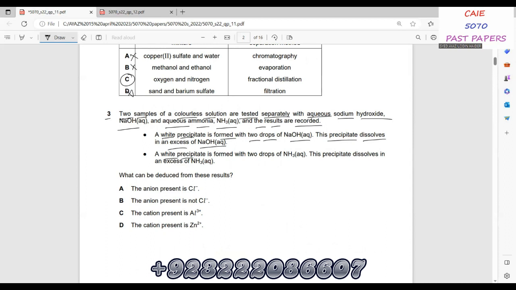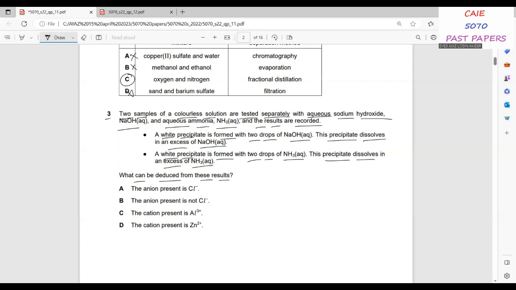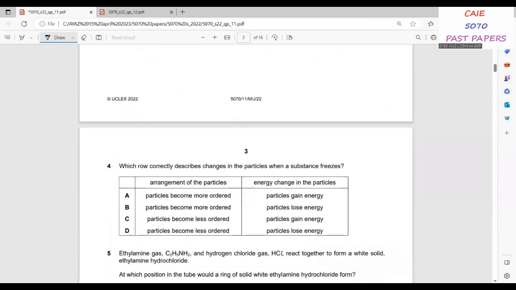A white precipitate is formed with 2 drops of NH3 aqueous. This precipitate dissolves in excess of NH3 aqueous. What can be deduced from these results? We know that only the Zn2+ ion is soluble in both NaOH and aqueous ammonia. So D will be the right answer for this question.